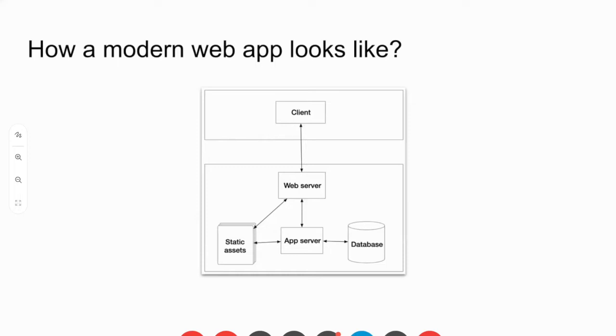Backend development is the part where you write code to provide data so that your client can consume it. For example, on Facebook, your friend list and your feed that comes up on your timeline all come from a web server.